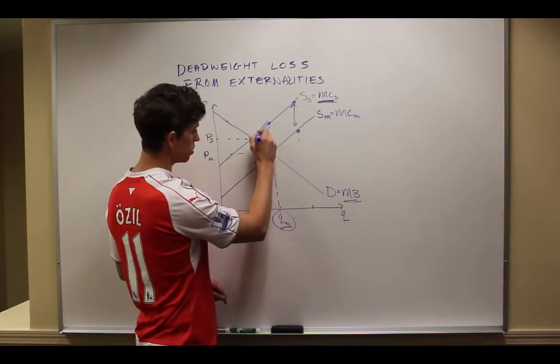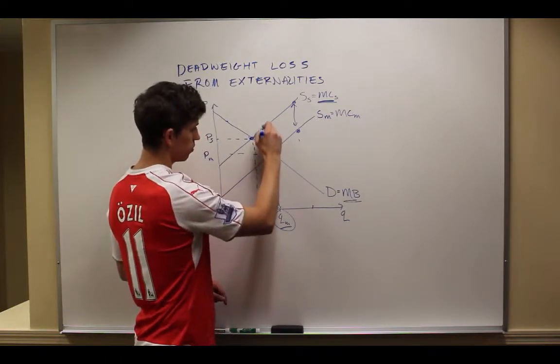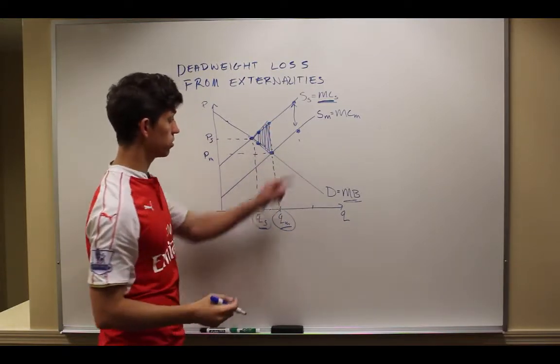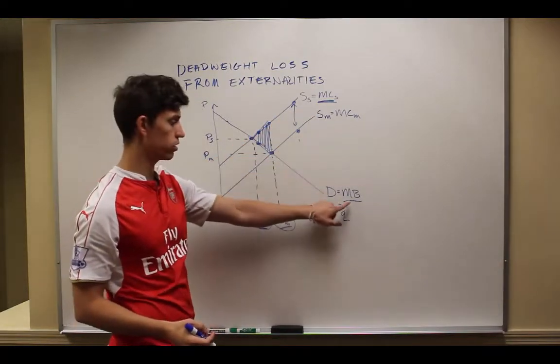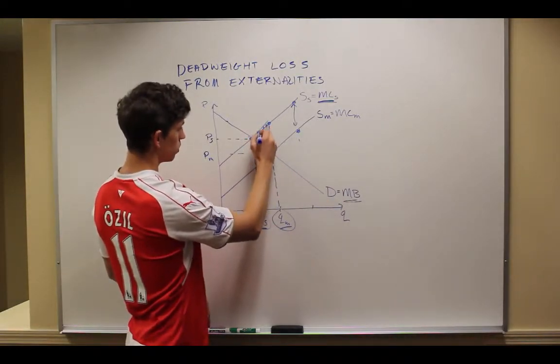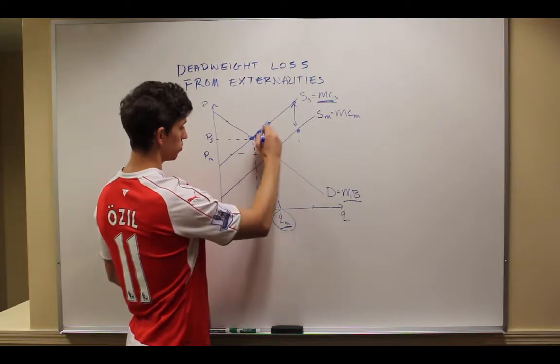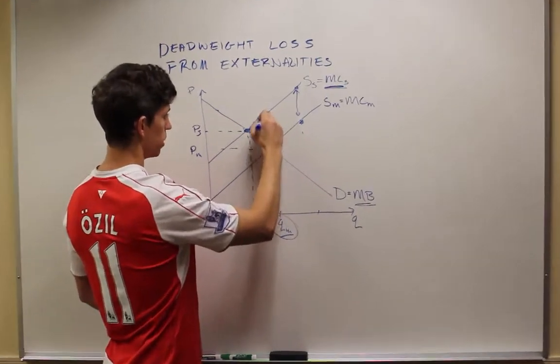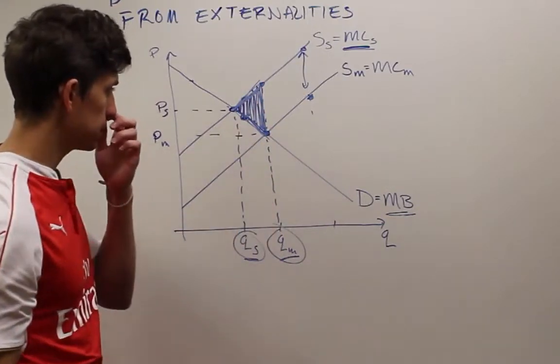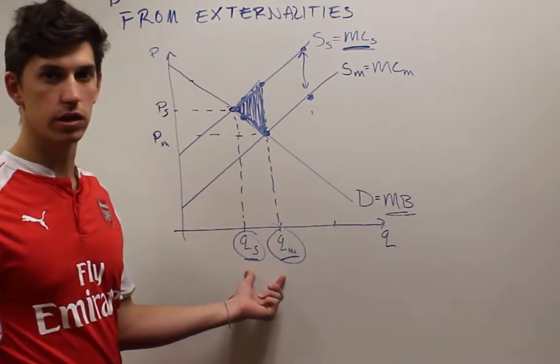And so for each one of these units, there was a negative value associated with producing it, because the marginal cost for society was greater than the marginal benefit. And if we added all those up, we would get this box right here. So society was overpaying for each one of these units.